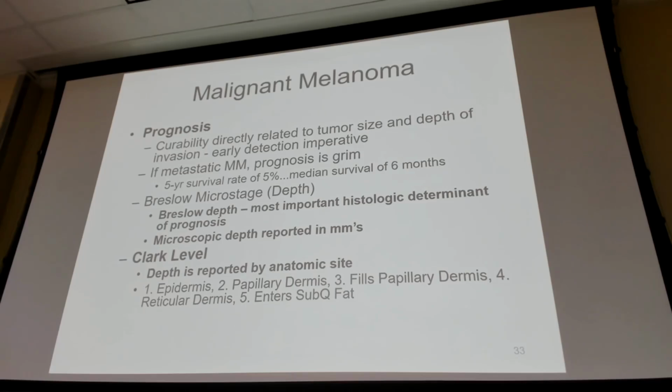Clark level, yes, that is something of dermatology expertise, but that is reported by the anatomic site. So if it's epidermis, then that's a grade of 1. If it's all the way down into the sub-Q fat, then that could be a 5, and vice versa. So that's the prognosis.